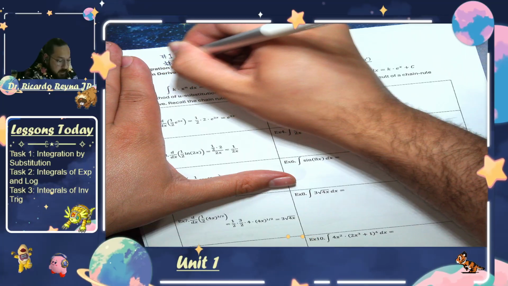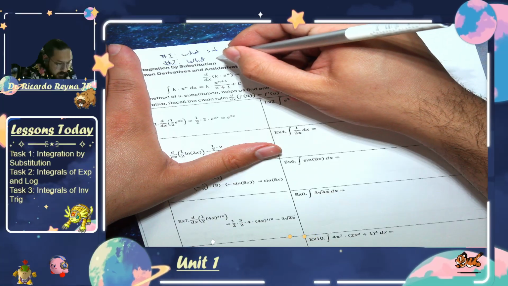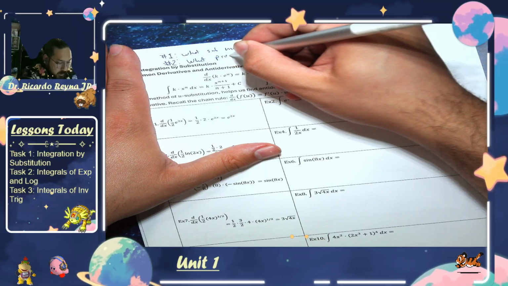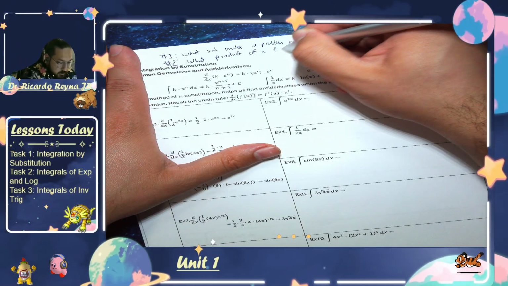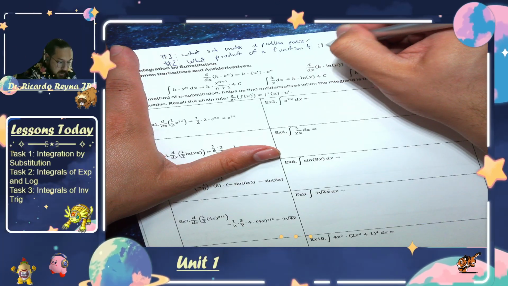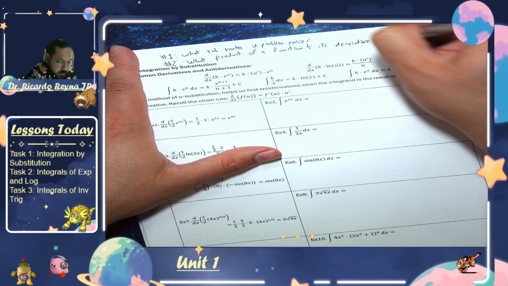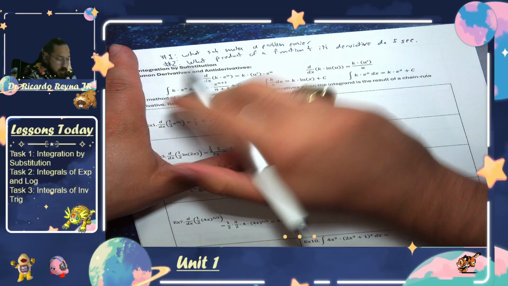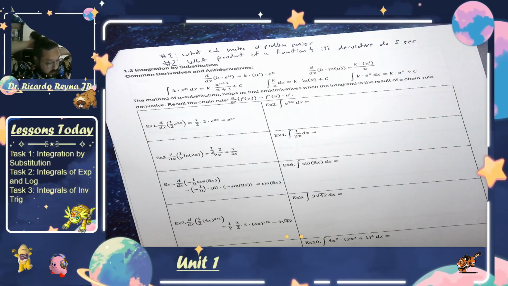And the second one is: what product of a function and its derivative do I see?